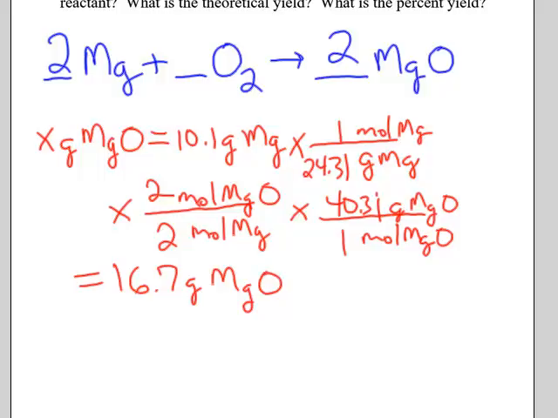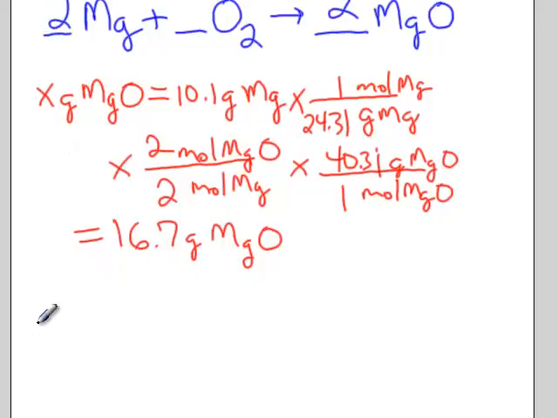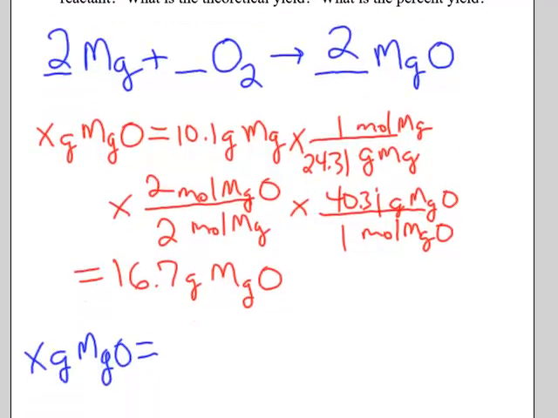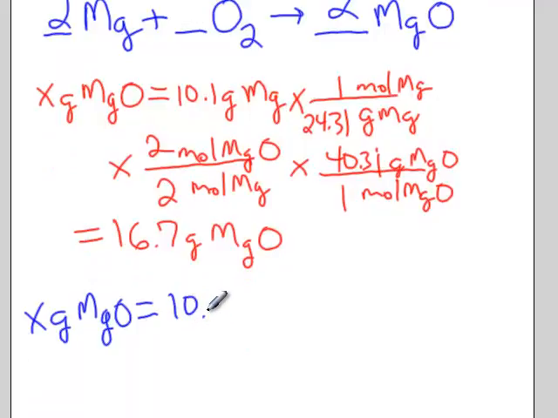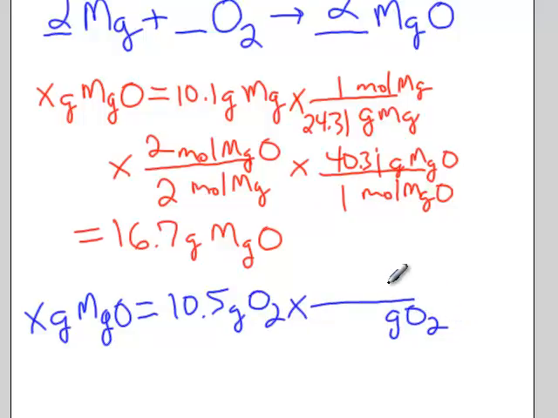With the other reactant, we're going to do the same type of calculation. How many grams of the product could come from, in this case we have 10.5 grams of oxygen gas. If we're starting with grams and we want to turn oxygen into magnesium oxide, we first need to use the molar mass from the periodic table to convert grams into moles.